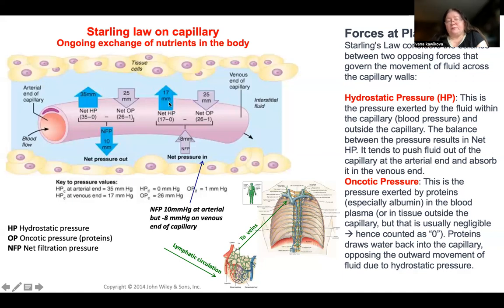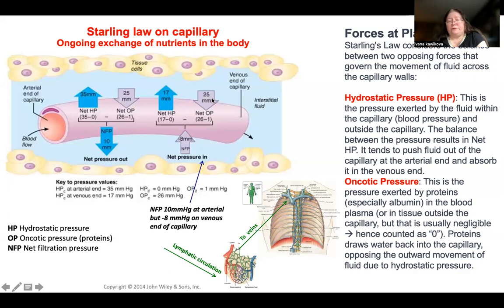There is now less fluid, right? So we have now, for example, 17 millimeter mercury of net hydrostatic pressure, but the amount of proteins between the arterial and venous end didn't change. So the oncotic pressure remained at the venous end of capillary the same as in the arterial end of capillary.